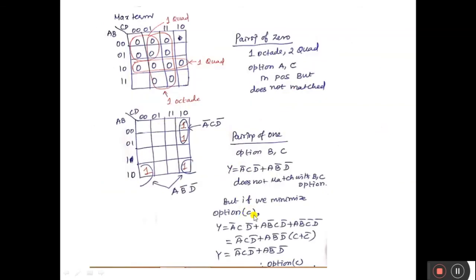From option C, the common term, if I take A B bar D bar, C plus C bar becomes 1. So A bar C D bar plus A B bar D bar, the same as what we get in the output of this K map. So option C is correct.